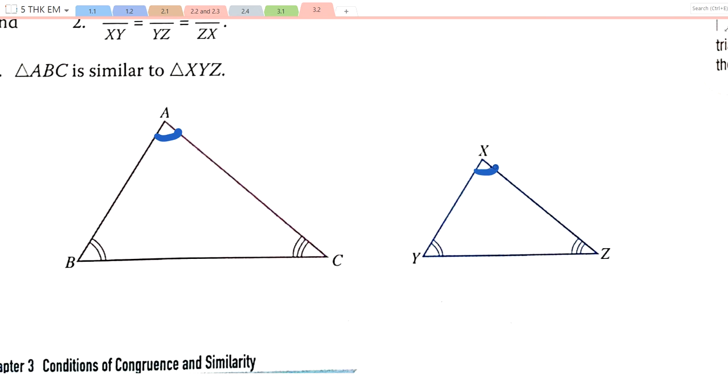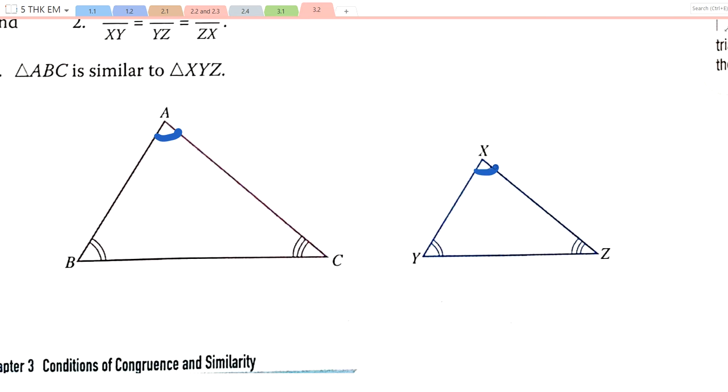What is the corresponding length to CA? Oh, okay, very good. You are quite attentive to the way I say it. So I said CA, you reply with ZX. Okay, that's good. What is the corresponding angle to angle C? Z. Okay? Are you able to tell corresponding angles and sides already?